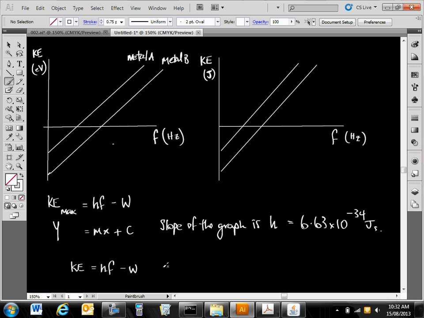Planck's constant, for the left-hand graph, for this graph here, or the slope of the graph, Planck's constant h is the slope on the right. On the left graph, we have slope equals h on the electron charge.